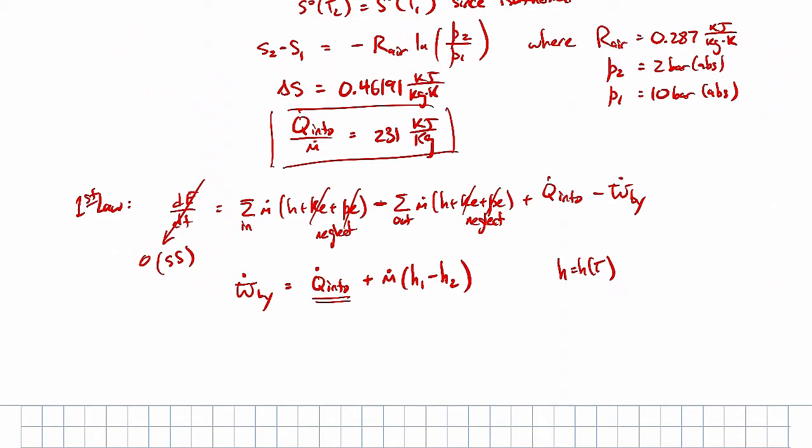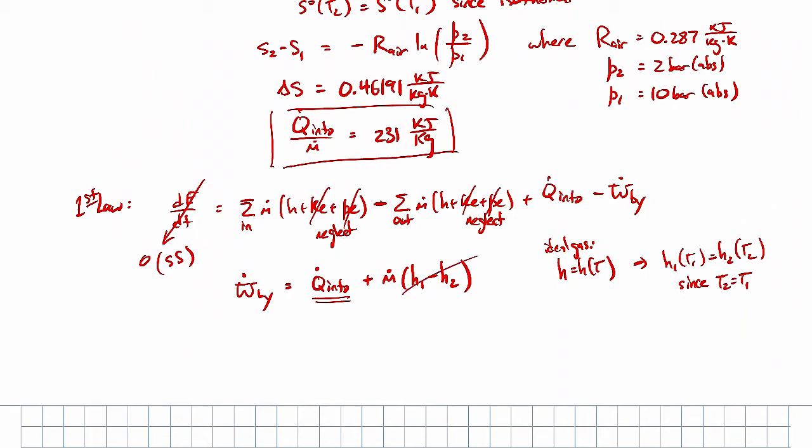So since we're dealing with an isothermal process, h1, which is at T1, will equal h2, which is at T2, since T2 is equal to T1. So the specific enthalpies will cancel out.